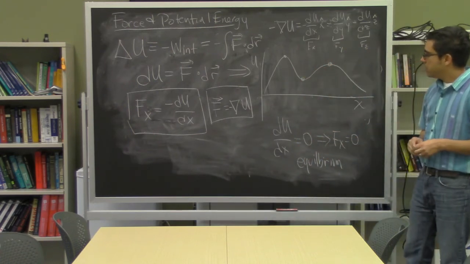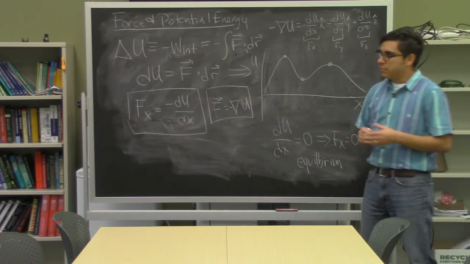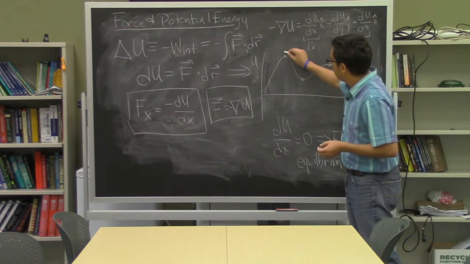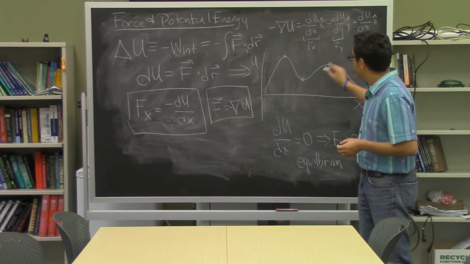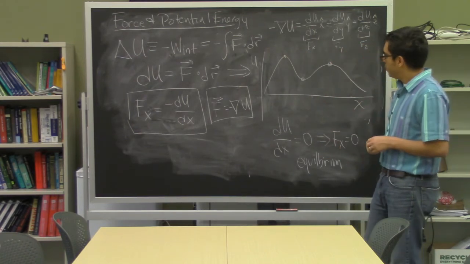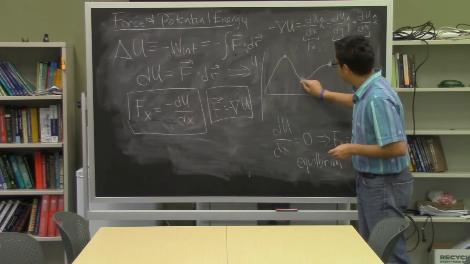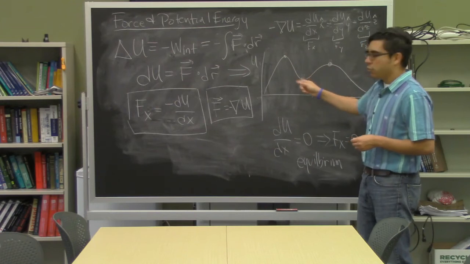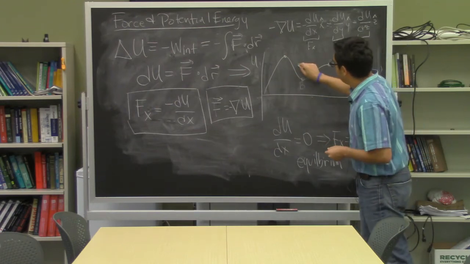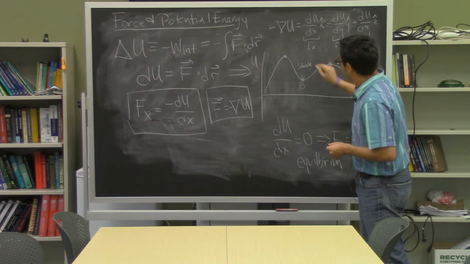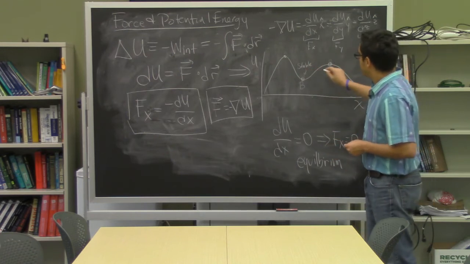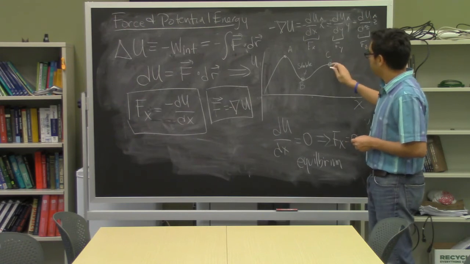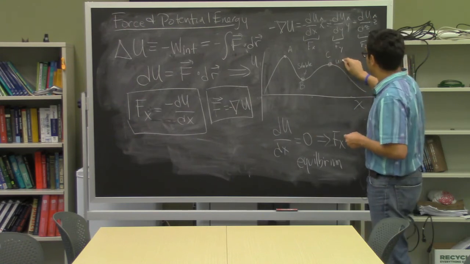so at these different peaks. Now, one other thing that's quite interesting is to investigate the stability of those points by thinking about putting a little ball at each of those locations and giving it a push. Now, clearly at this location, which we'll call B, if we give the ball a little push, it's going to come back and sort of roll around here. This would be a stable equilibrium. Whereas A and C are unstable, because if we give the ball a little push, it's going to run away from those locations.